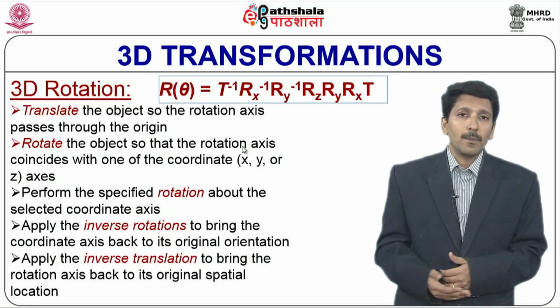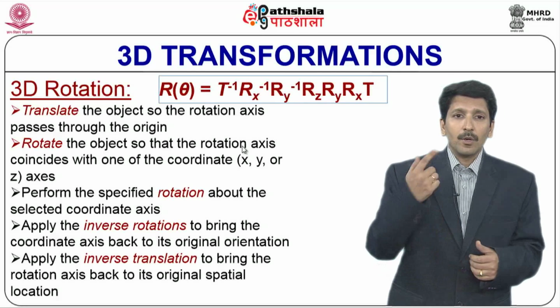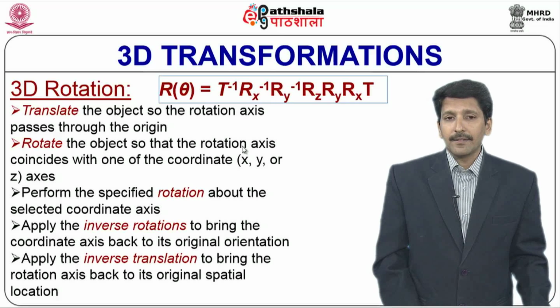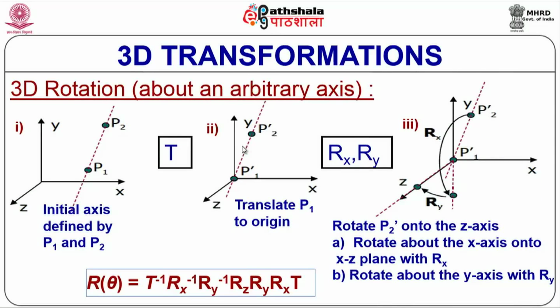Now, how do we perform rotation of objects about that kind of axis? We need to perform many steps, as you can see from here. Imagine an axis of rotation is given there, shown in the red dotted line, a randomly oriented axis about which we need to rotate objects.